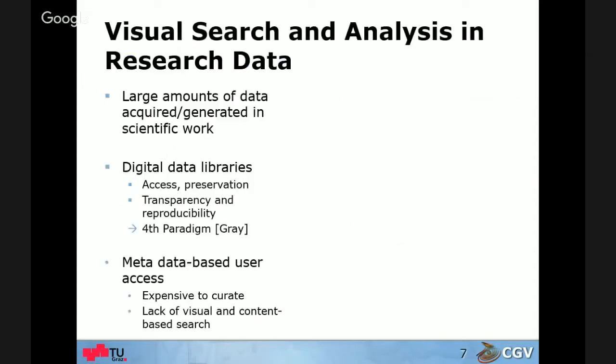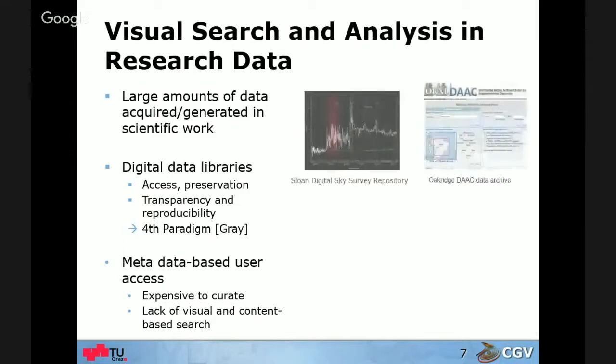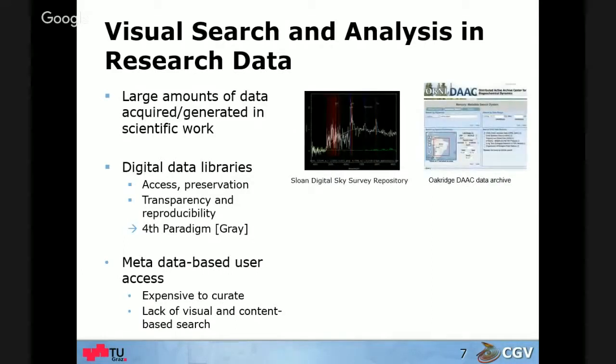what we call search and research data. As another brief motivation, we can consider the fact that in many research domains, research data, scientific data, is acquired by scientific processes, and increasingly there is a notion of researchers and funding agencies wanting to preserve data which has been collected by scientific processes.